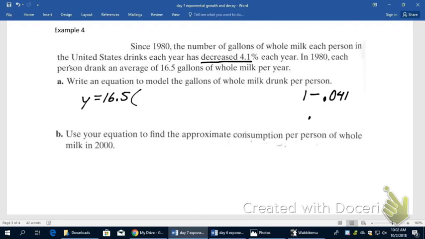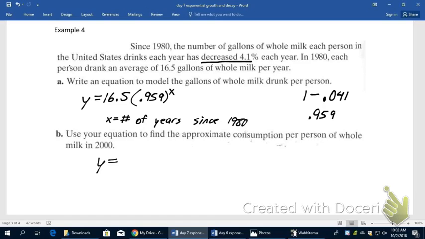This is a decay factor because it comes out less than 1. 0.959 is my decay factor. That's 4.1% below 100% is what that is. Now I'll raise that to the x power. Part A is done. I will make a mention here that x is the number of years since 1980.